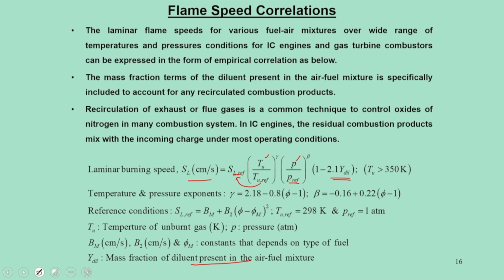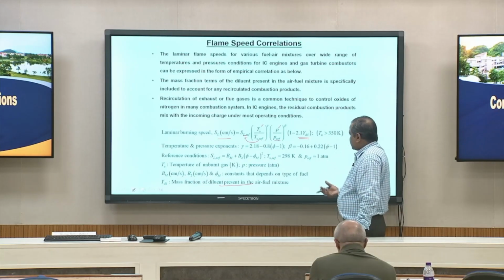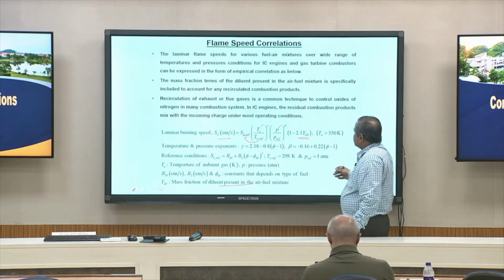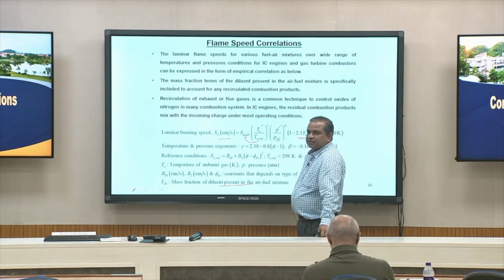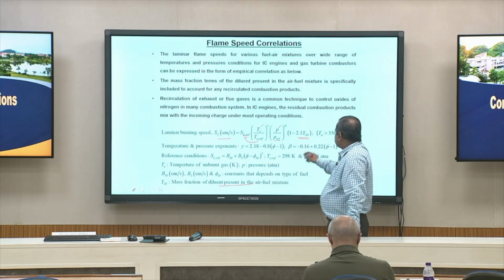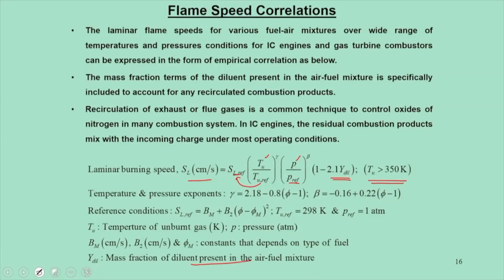That means if the mixture is not perfect in the form of fuel and air, if some additional components are present and you are able to quantify that mass fraction, then this can also be linked to laminar flame calculations. This particular relation is always valid when temperature is higher than 350 Kelvin.